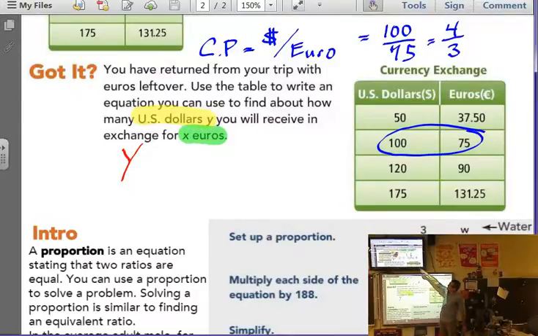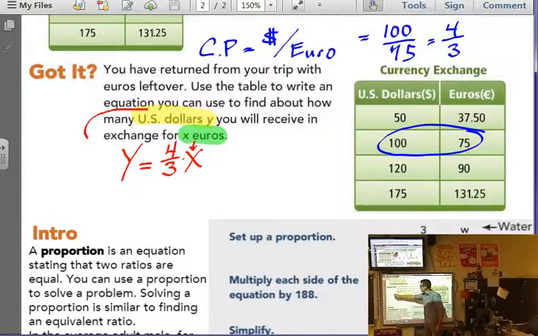Up there, y was euros. Down here, y is dollars. Up there, x was dollars. Down here, x is euros. So they flipped your x and your y, which is why my constant of proportionality has to flip. So now I get the equation y equals 4/3 times x, because my euros are my input, my dollars are going to be my output.